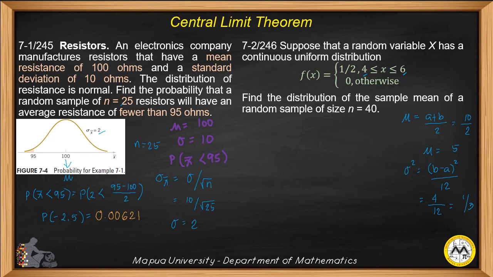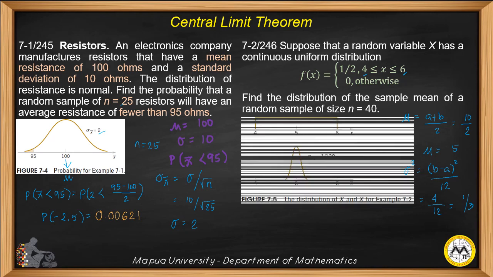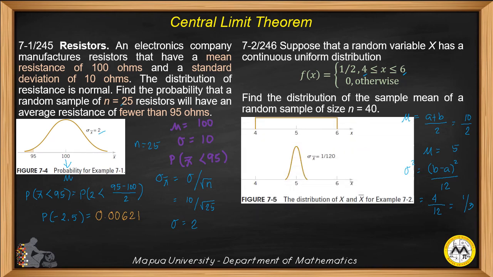To visualize that problem, we have this one. It is a uniform distribution with a mean of 5. The distribution is uniform from 4 to 6. And this is the variance of x bar.